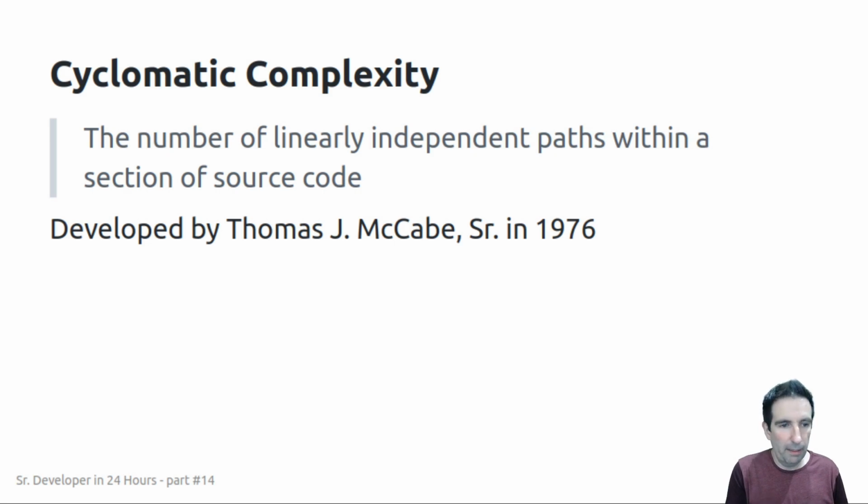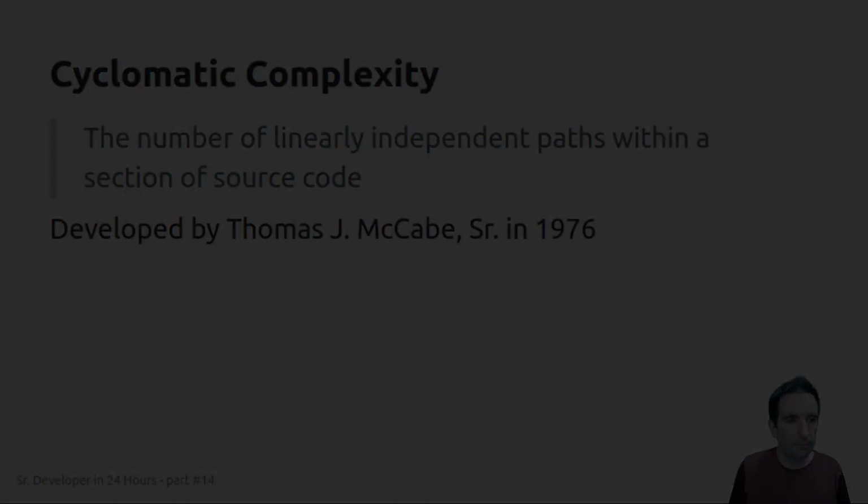It was developed by Thomas J. McCabe Sr. in 1976. This one is properly attributed to Mr. McCabe, and it has become a standard way to measure the complexity of our source code. So now let's look at some examples to properly understand what this means.